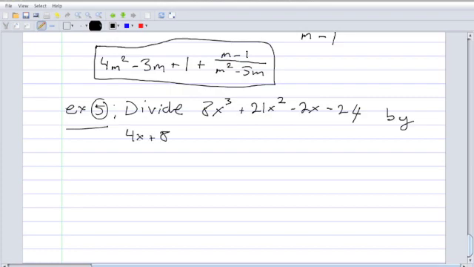Okay. So divide the 8x cubed plus 21x squared minus 2x minus 24 by 4x plus 8.